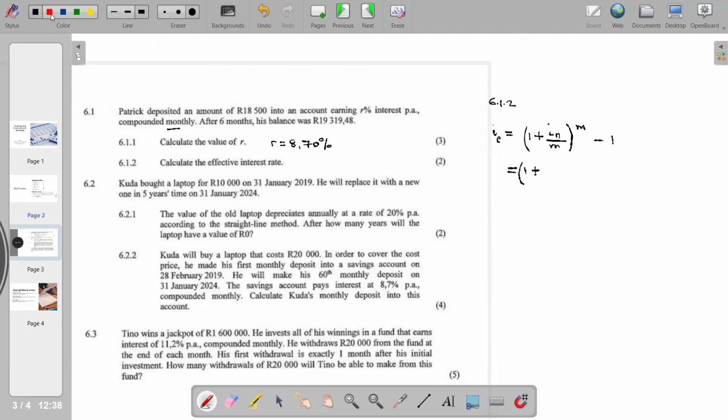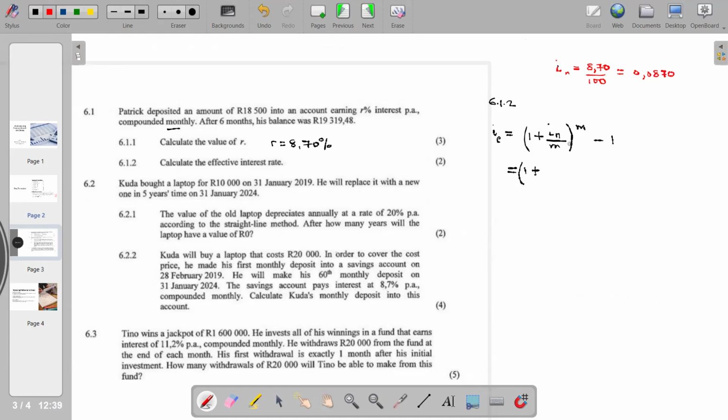It means my nominal rate there is going to be 8.7%. Let me write it in other words. We are saying the i nominal is gonna be 8.70 over 100. So if you convert that, it's going to be 0.0870.